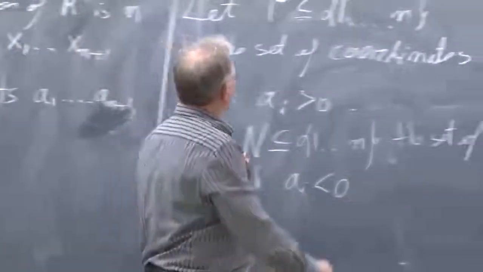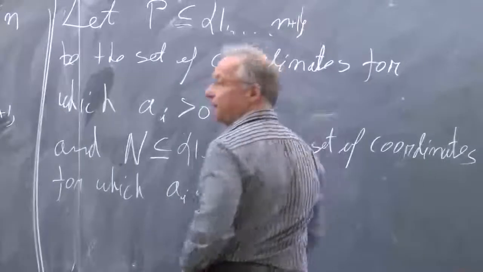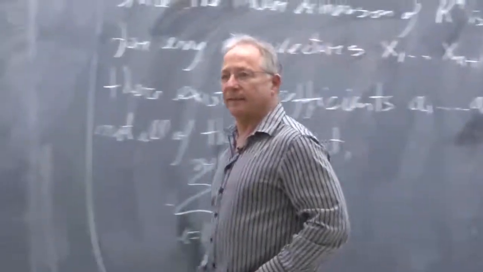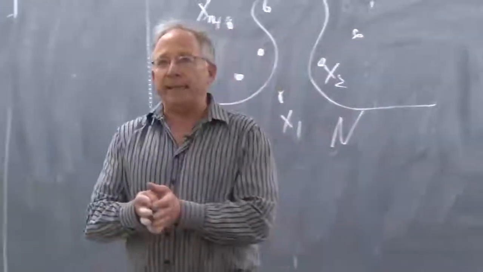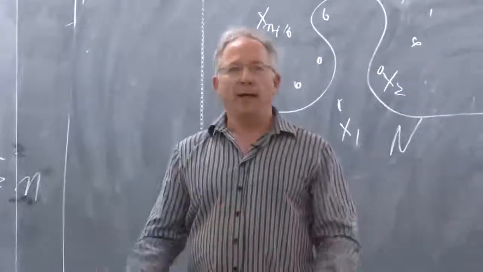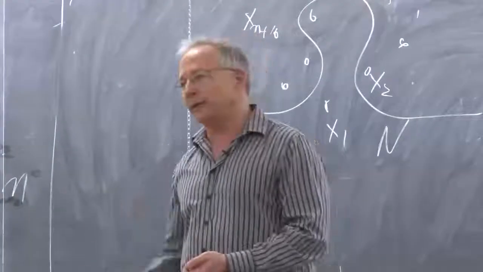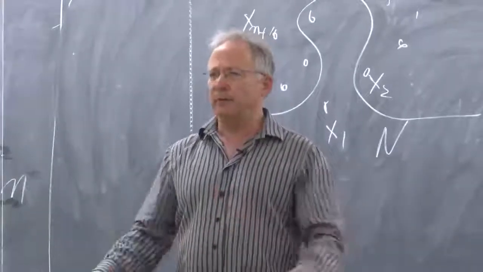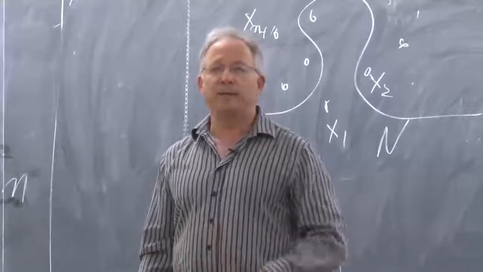N is a subset of n plus 1, right. Thank you. I have n plus 1 points, and I have a linear combination that equals 0. I look at the coefficients, and if the coefficient is positive, I put you in set P, and if it's negative, I put you in the set N. I don't care about 0 coefficients. I know that at least one of them is not empty.